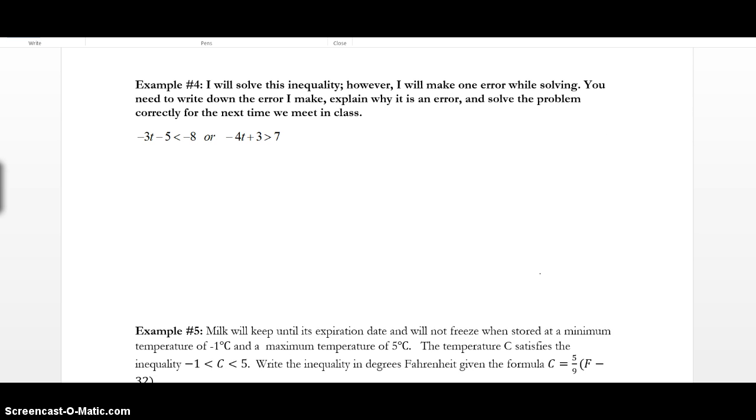Now example 4. I will solve this inequality, however I will make one error while solving. So make sure you pay attention. You need to write down the error I make, explain why it is an error, and solve the problem correctly for the next time we meet in class. So make sure you do that for the next time we meet. Alright, so let's watch how I solve this.